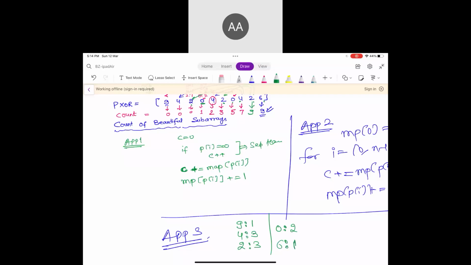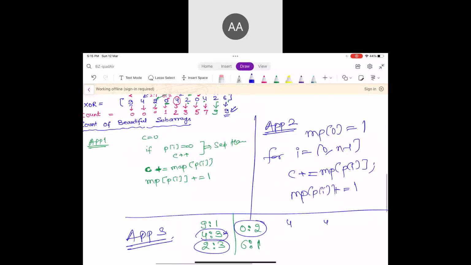Now, if you consider the values which are more than 1, for example 4, if there are 3 4s, 4 was here, 4 was here, 4 was here, how many subarrays are they giving? So this 4 is getting 1 subarray. This 4 is getting 2 more subarrays, this 4 to this and this 4 to this.